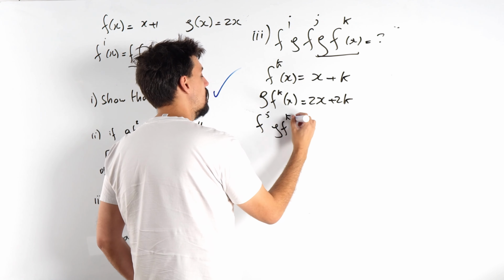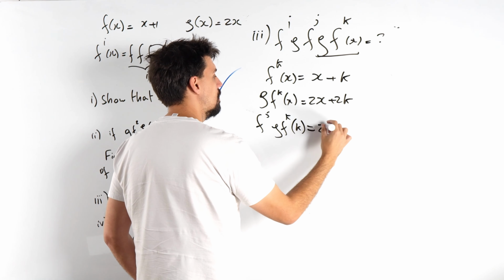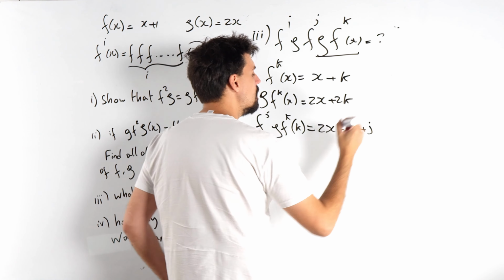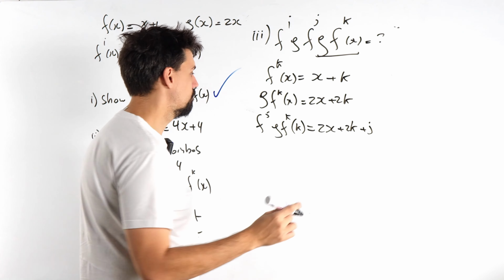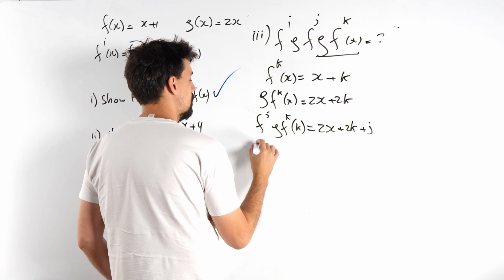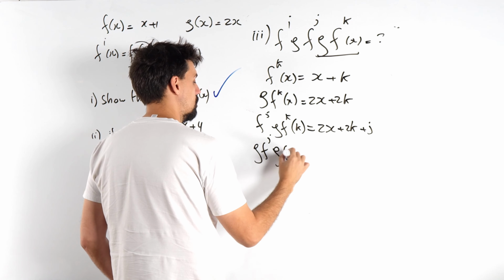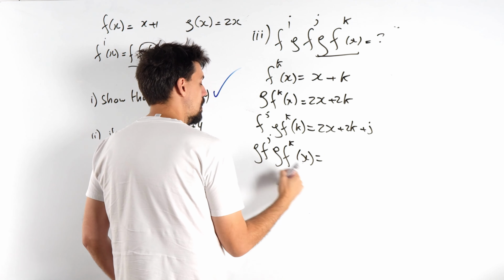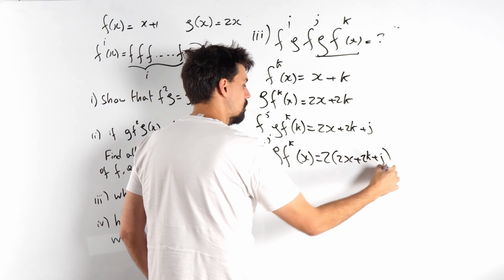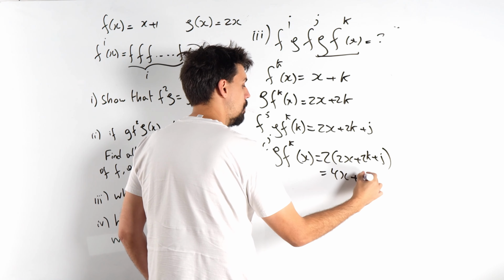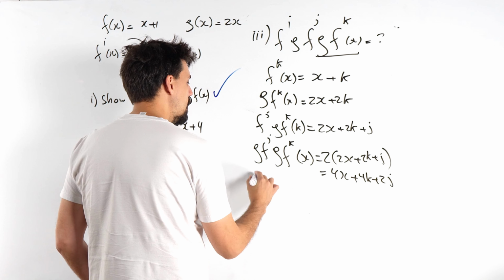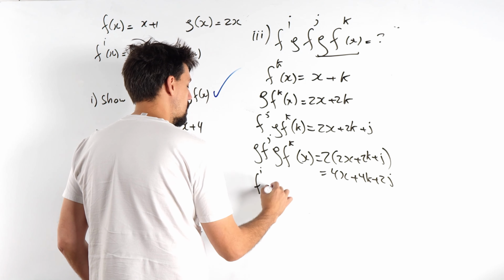f to the j of all of that, I'm now going to take this input and I'm going to apply f another j times. So I need to add in j. And then I need to do a g of that. g of that doubles it, which is 4x plus 4k plus 2j. And then finally, I do my last set of f's to it.